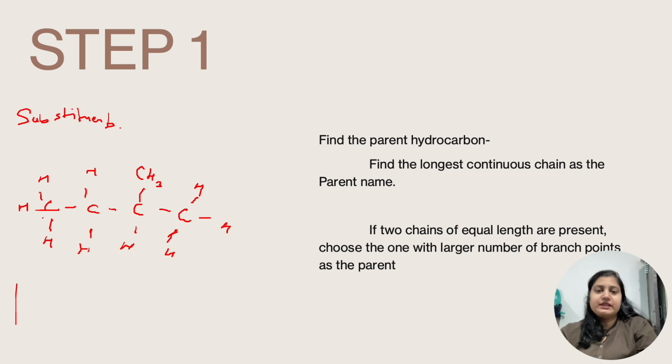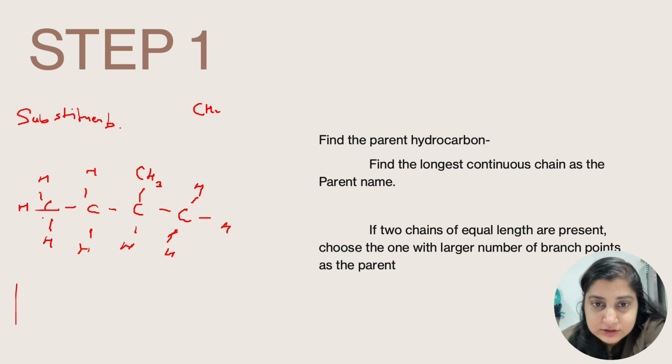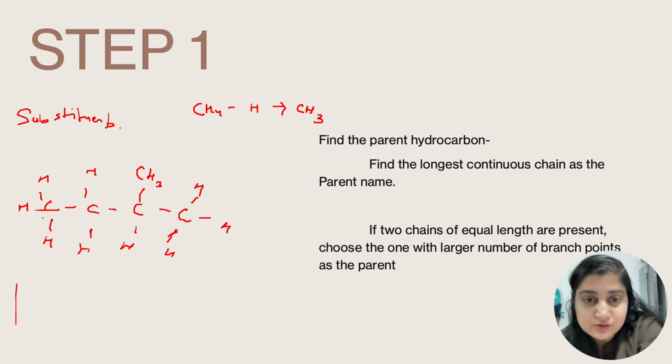Now can you see that there is one methyl. Now you need to understand what is methyl. I have discussed it in the introduction part, but I'll give you one straight example. Whenever we take out one hydrogen from any methane, ethane or alkane, it becomes an alkyl group. Methyl group is CH3. If it is C2H5, it becomes ethyl group. So this is the methyl group.